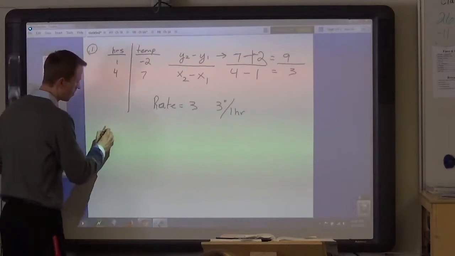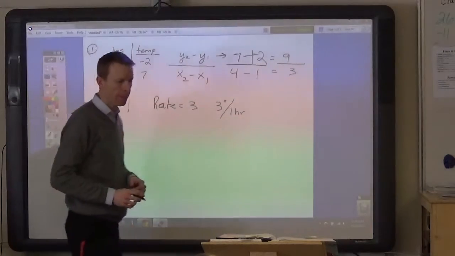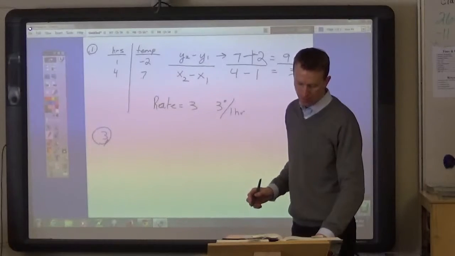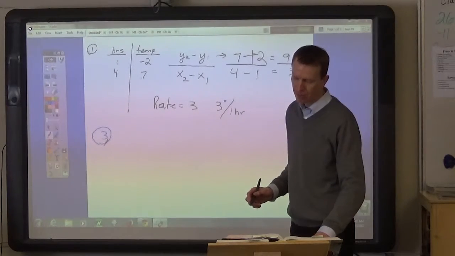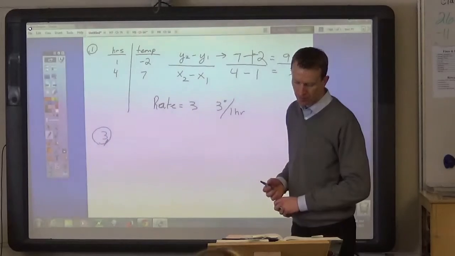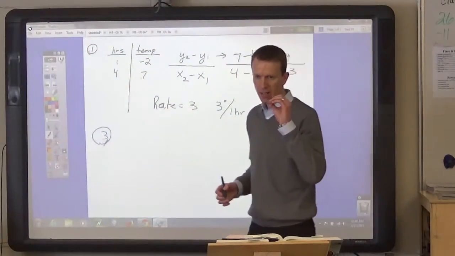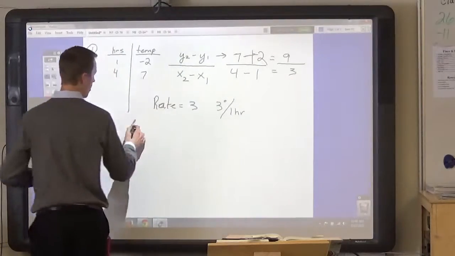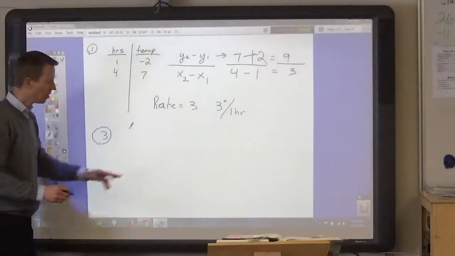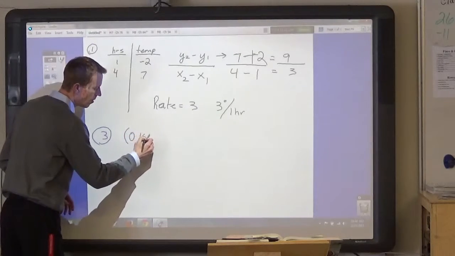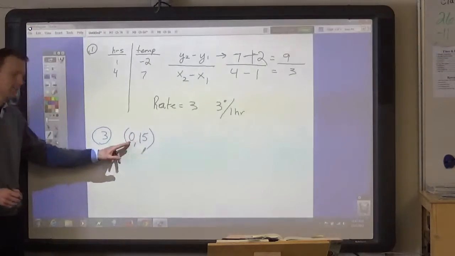Well, one of the points is right on the y-axis, isn't it? One of the points is 0, 15.